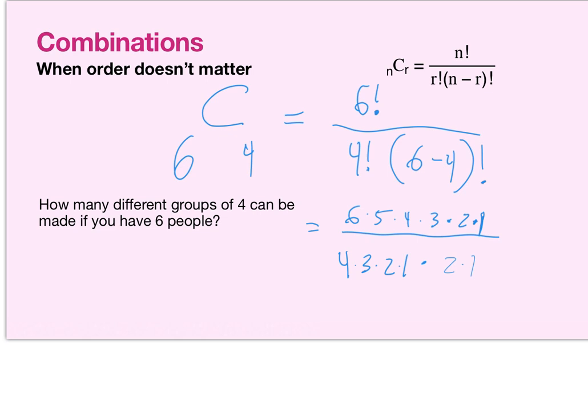I start reducing. 4, 3, 2, 1. Then I can either multiply it or do more reducing. 2 goes into 6 3 times. So in the top I have 3 times 5, and in the denominator I have 1, which is 15. There are 15 different ways that if I have 6 people, I can make groups of 4.